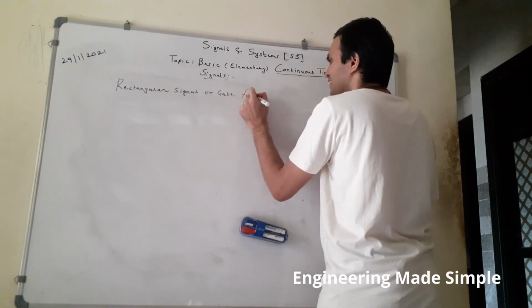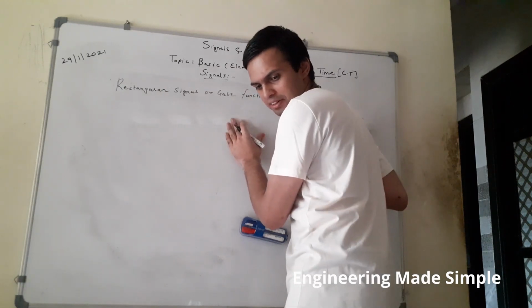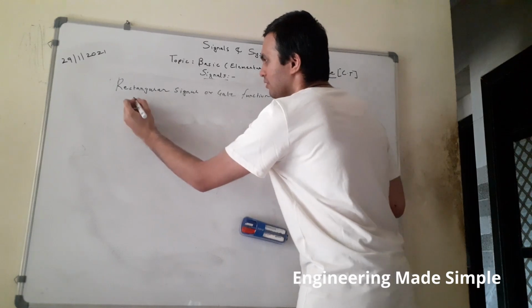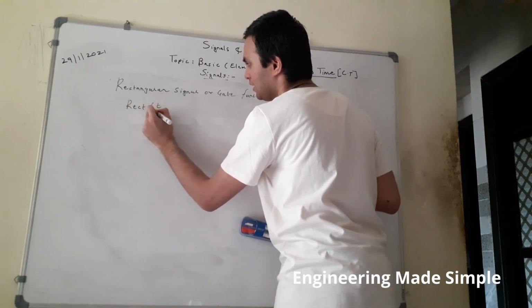Function meaning the signal is expressed as a mathematical function. That's the reason the term is used alternatively over here. It is denoted by rect of t by capital T.